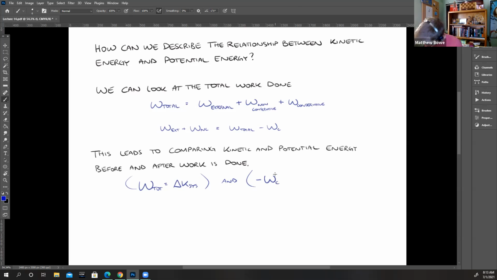The conservative work is the change in potential energy. I may not have formally gotten to that in yesterday's class, but I think I covered a lot of what you needed for yesterday's class. We have these two forms, now we can input them into this equation.